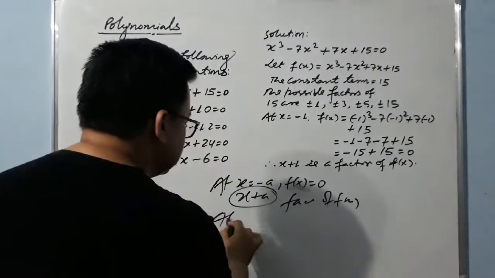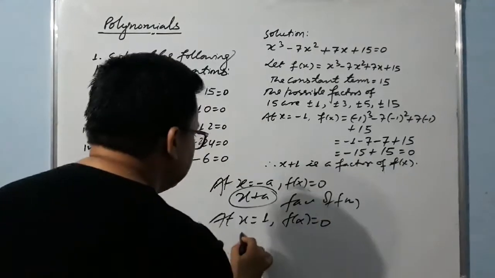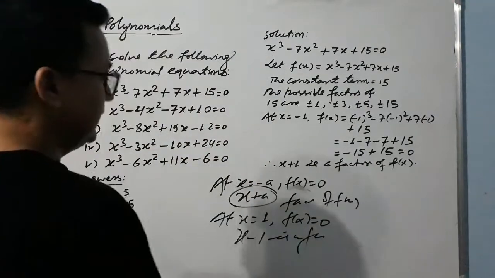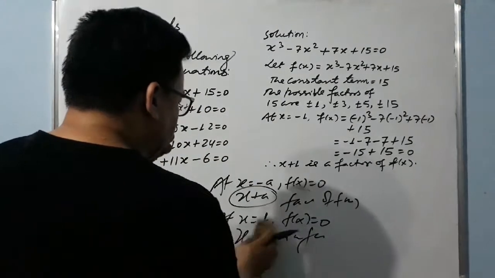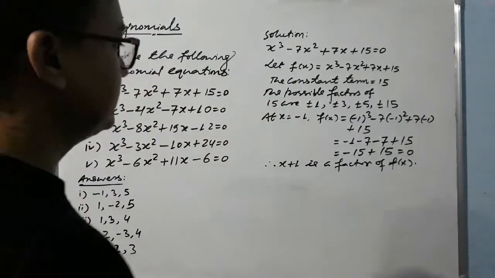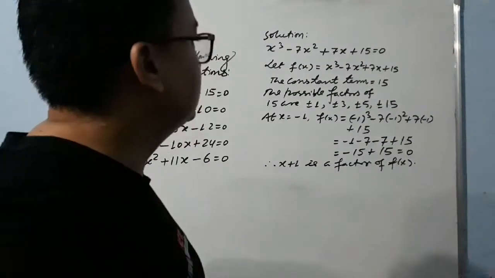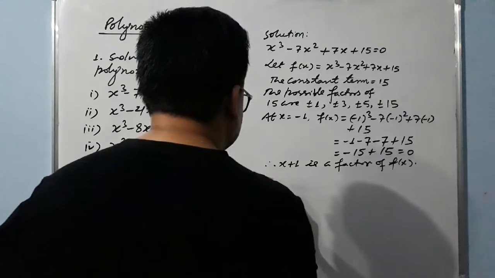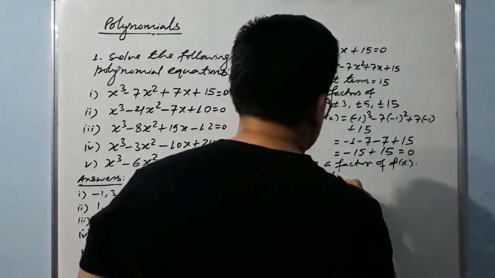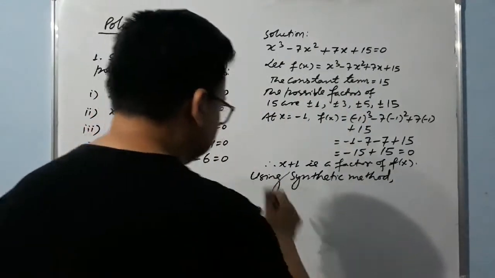If at x is equal to 1, f of x is equal to 0, then x minus 1 is a factor. Okay, x plus 1 is a factor. Now we will use the synthetic method. Now let's see the synthetic method.